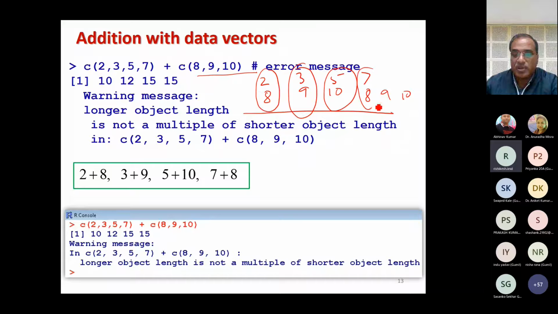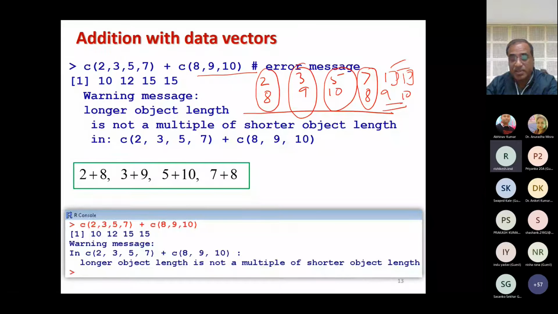So now this will become 7 plus 8. But now what to do with this 9 and 10 is not known to us. Because there is no number, it is not going to happen that 2, 3, 5, 7 are repeated here. But the program will say, now I cannot understand, there is some problem, but this problem may be your choice or you are making a mistake.